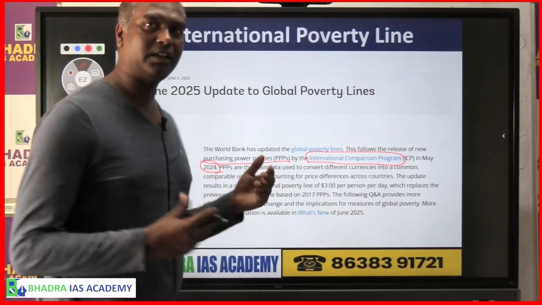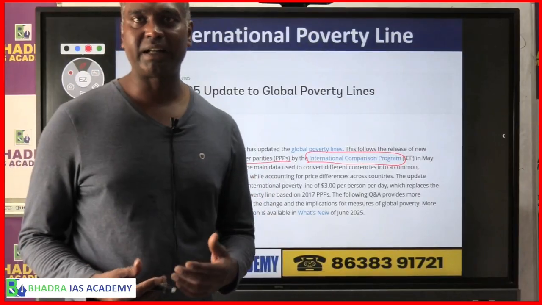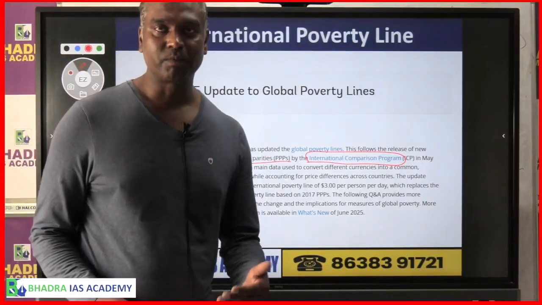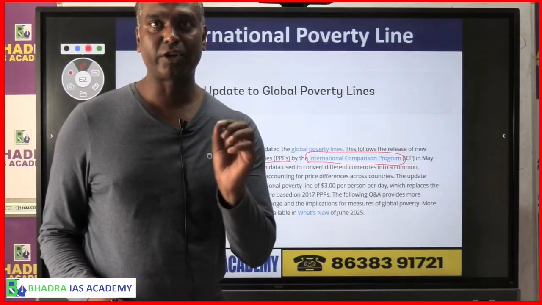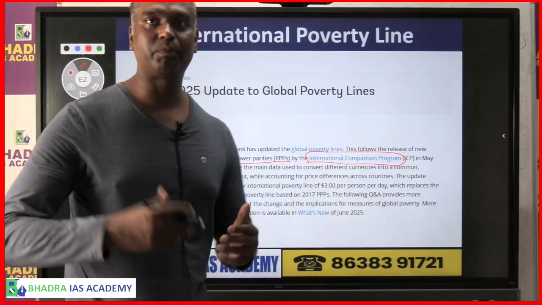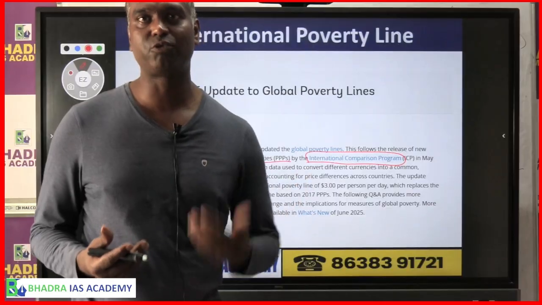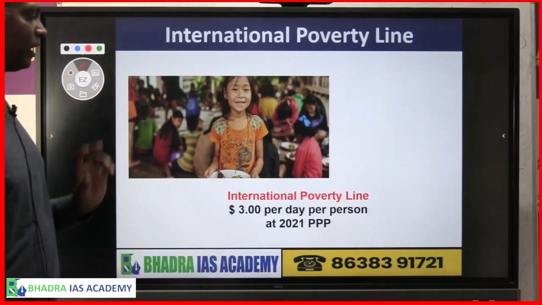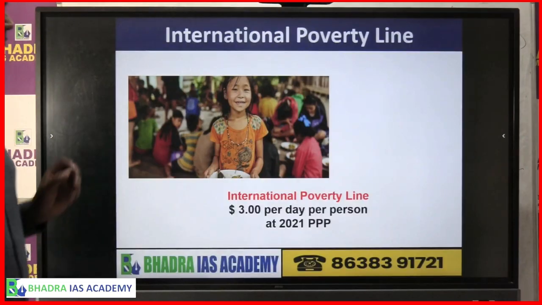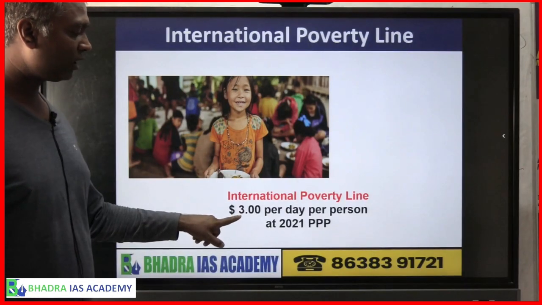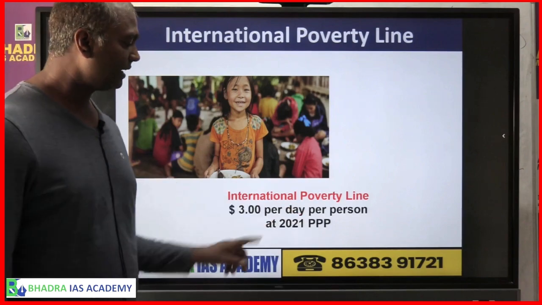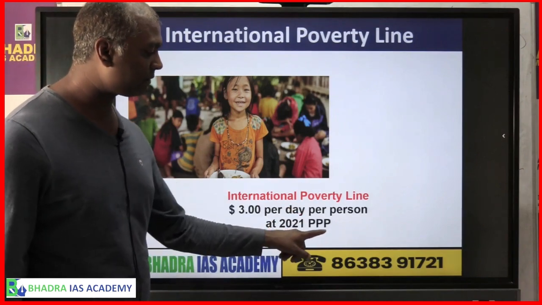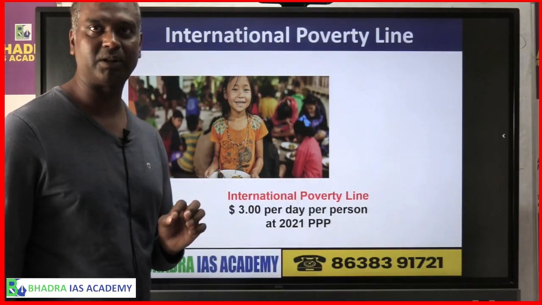So based on the new purchasing power parity comparison created using the PPP 2021, ये international poverty line अभी नया change हुआ है. Now we ask the question, what is the international poverty line per day? It is $3 per day per person at 2021 PPP, purchasing power parity.